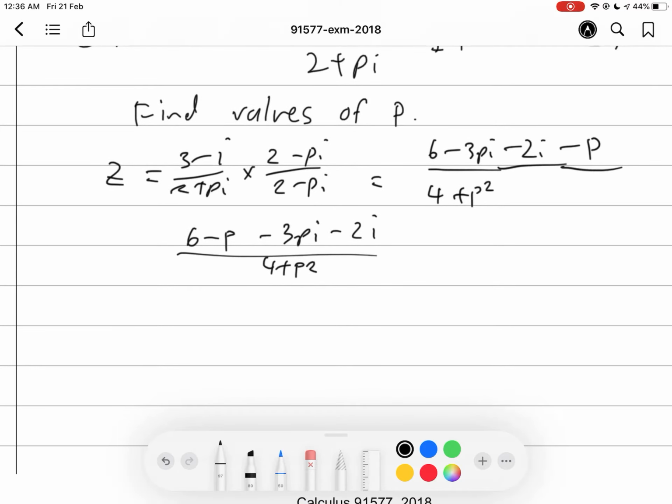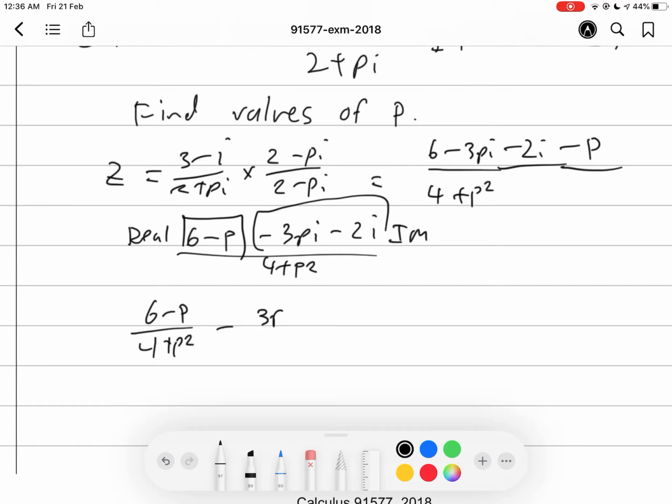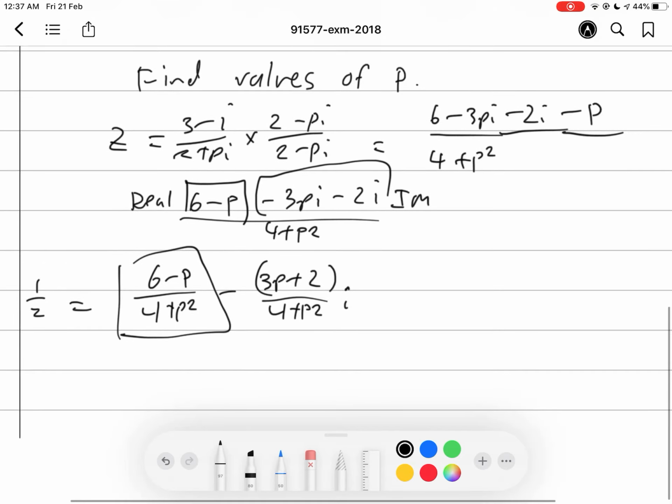So now we can split this into the real part and the imaginary part. So this part here is real, and this part here is imaginary. So 6 minus p over 4 plus p squared, minus 3p plus 2 over 4 plus p squared times i. We know that this real part here is equal to 1/2. So now we can just solve for p. Really easy now.